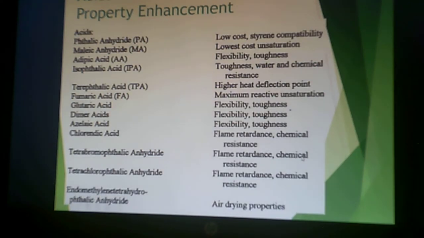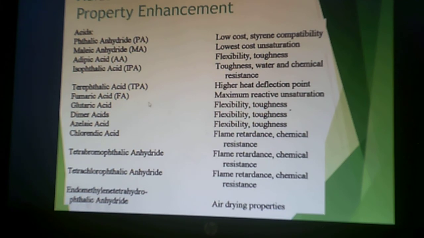But wait, you can also do similar things with the acids. So phthalic anhydride is usually your go-to, along with maleic anhydride. Those are your lowest cost and styrene compatible, or with unsaturation. You can add adipic acid in place of your phthalic anhydride to get more flexibility and toughness. You can also use isophthalic acid for better toughness, water, and chemical resistance. Terephthalic acid can give you a higher heat deflection point.